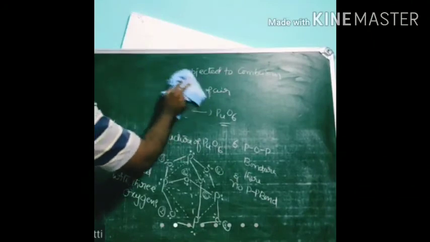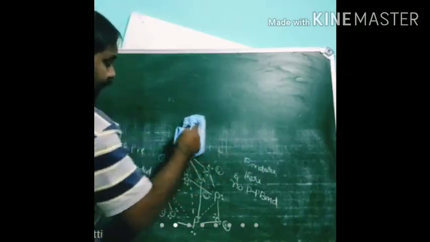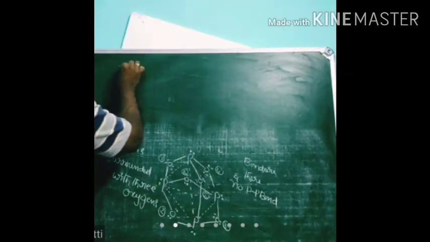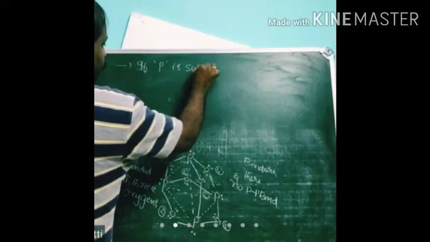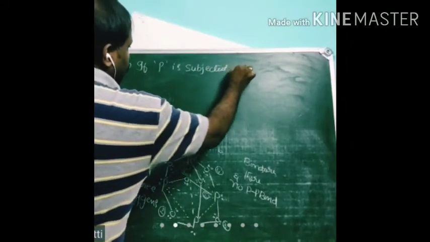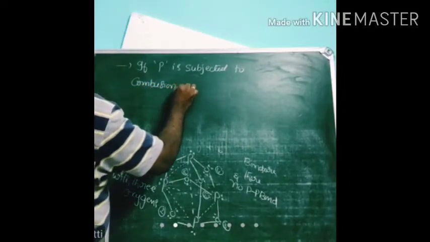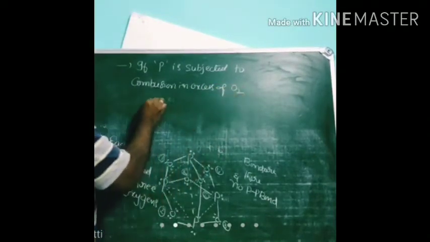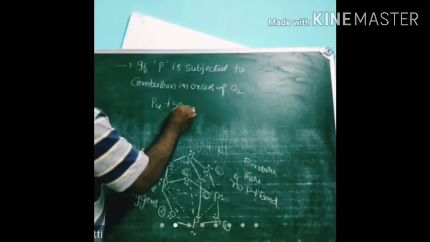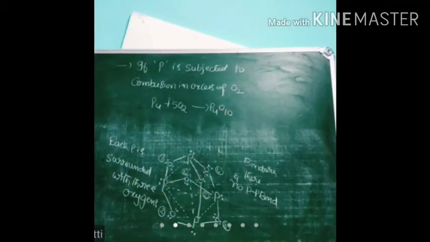Next point, if phosphorus is subjected to combustion in excess of oxygen, then now 5 oxygens are involved, and we will get P4O10, phosphorus pentoxide.